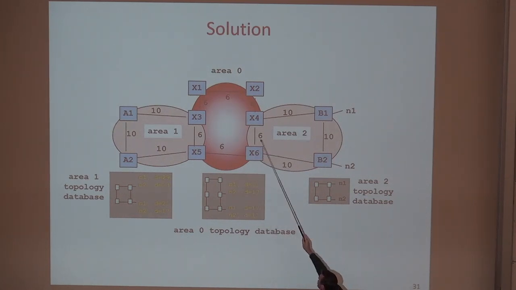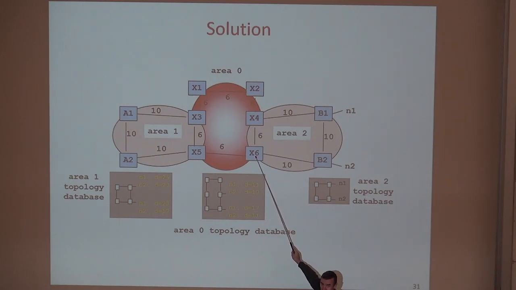So X4 does as if it will inject in the topology database the information: I have a link, I have N1 and N2 that are connected to me, but with distances 11 and 17. This is the distance vector principle. You don't give more information about N1 and N2 than the distance from you to them. So they inject this.